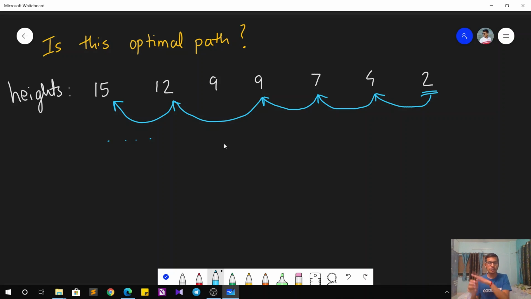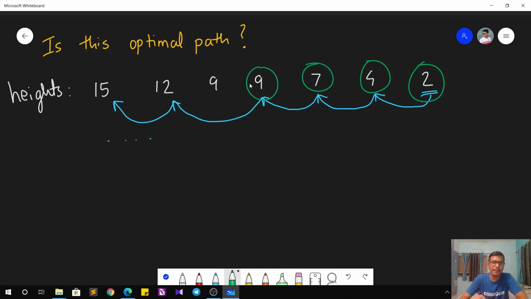We don't need to actually calculate from where to where the jumps are made. All we need is the total number of jumps, the count. So you need to take care of this thing, that these numbers are going to be unique, that is distinct.